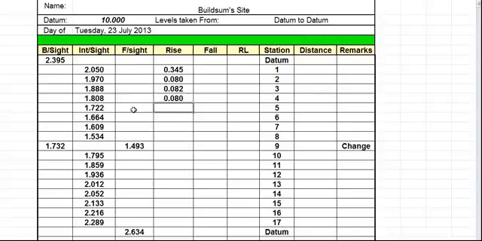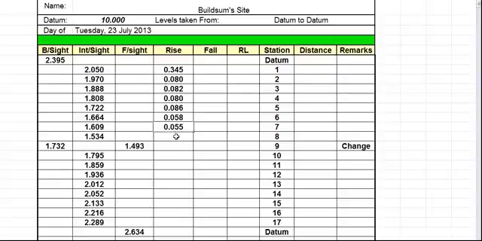Keep working our way down. We end up with a difference of 86 mil here. Next one's a difference of 58 mil. And 1.664 minus 1.690 is going to give us a difference of 55 mil.